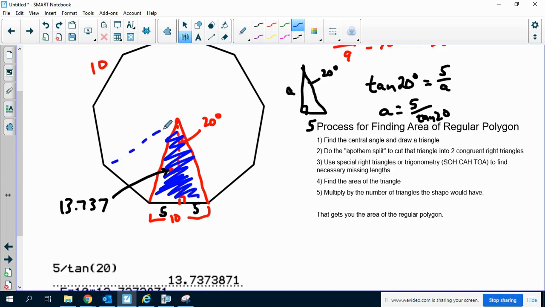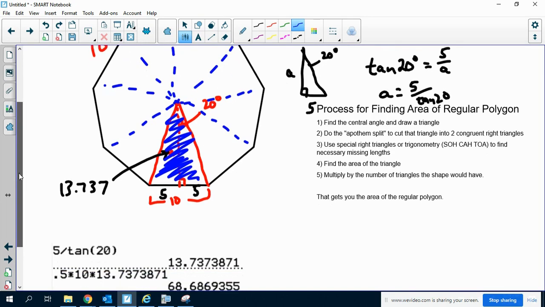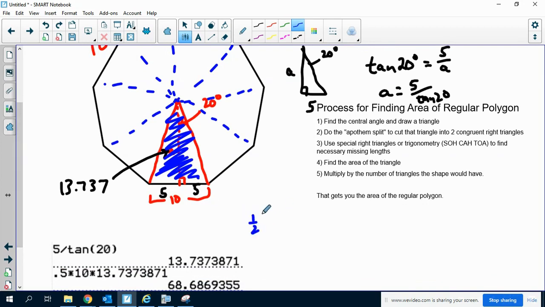And then there are going to be 9 of them. So there are going to be 9 of these triangles. And so what I do is 1/2 times the base, which is 10, times the height, which is 13.737, and I get about 68.687.